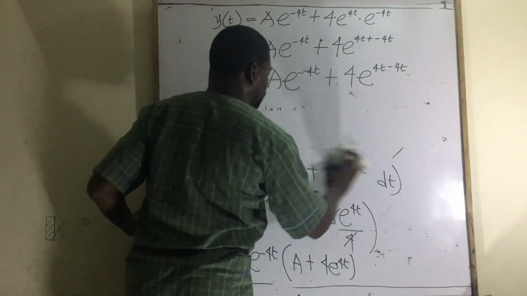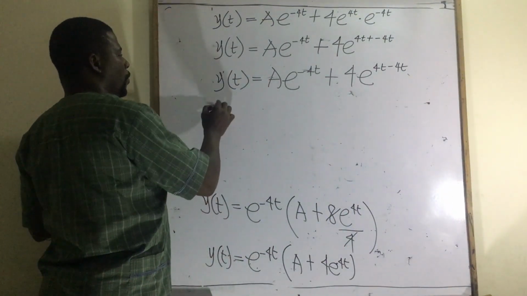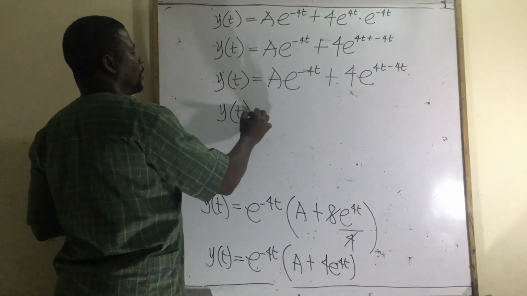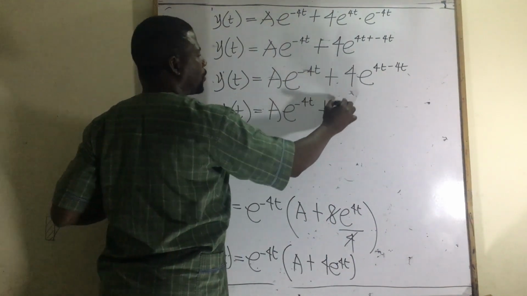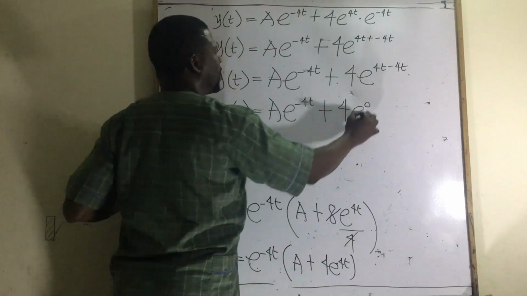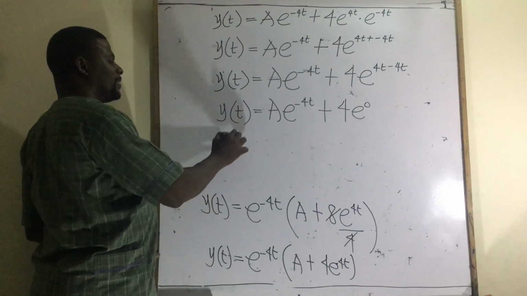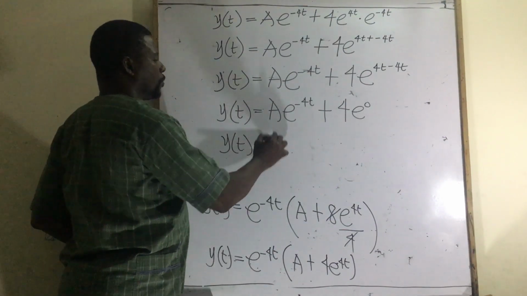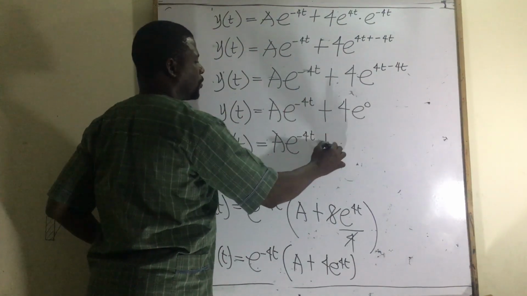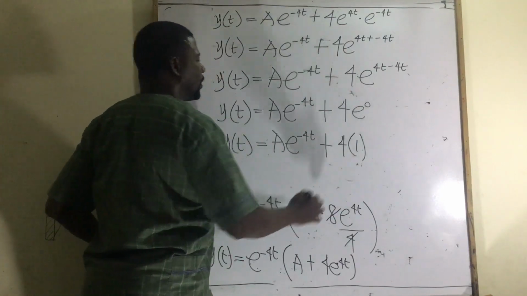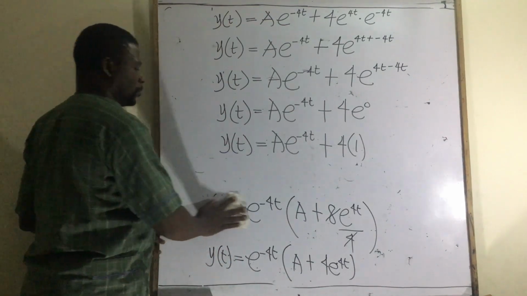So if you add that, you are now going to have y(t) equals a e^-4t plus 4 e raised to power 0, because 4t minus 4t will give you 0. So our y(t) will now be equal to a e^-4t plus 4 into bracket 1. Why? e raised to power 0 is 1, because anything raised to power 0 is 1.